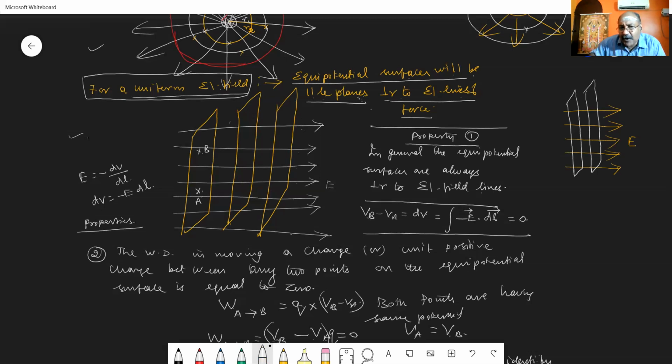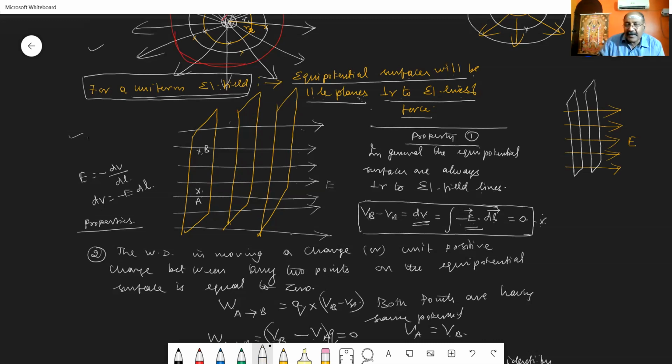Let us consider one point as A and another point as B. The difference in potential is VB minus VA, which can be written as dV. This dV can be written as minus E dot dl. That is, we get a relationship between potential difference and electric field, which we will see in the next part. First of all, just consider this alone. How we get this relation, I will derive in the next part.